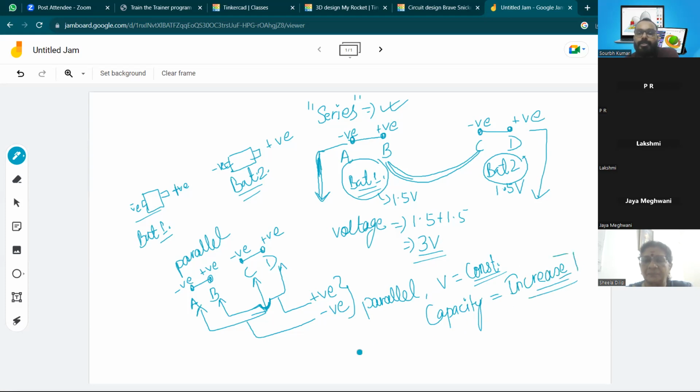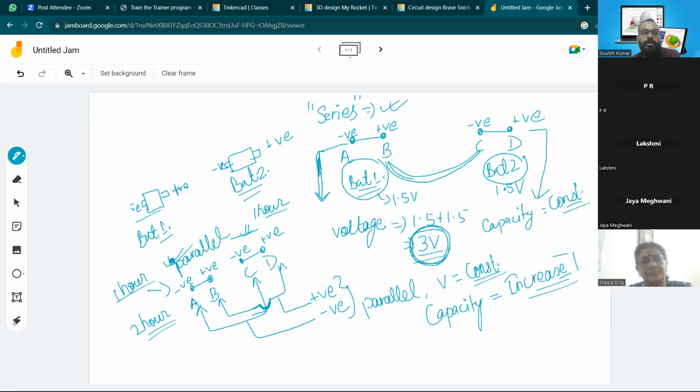The capacity will increase, so that if one battery can supply the power for say 1 hour, and this one provides alone 1 hour, then in parallel combination we will get total 2 hours of battery backup, meaning battery backup will improve. And in series connection, we will increase the potential, the voltage coming from the battery, but the capacity will remain constant in this one. Right? I believe your doubt is clear in this.